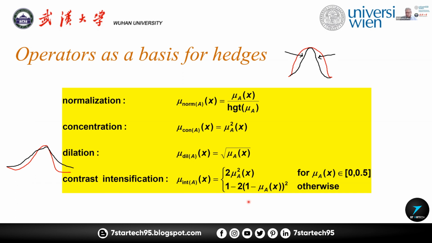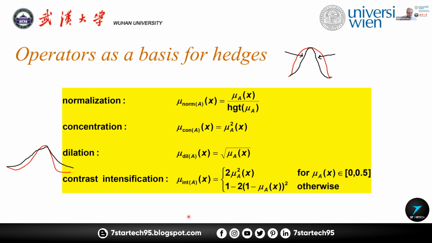You recall the complement of a fuzzy set is 1 minus the membership values. So 1 minus membership value squared is the square of the complement, or in other words, the concentration of the complement. So you could say it's 1 minus 2 times the concentration of the complement. Now, these are the major operators for fuzzy sets that we use to represent these modifiers or these hedges.